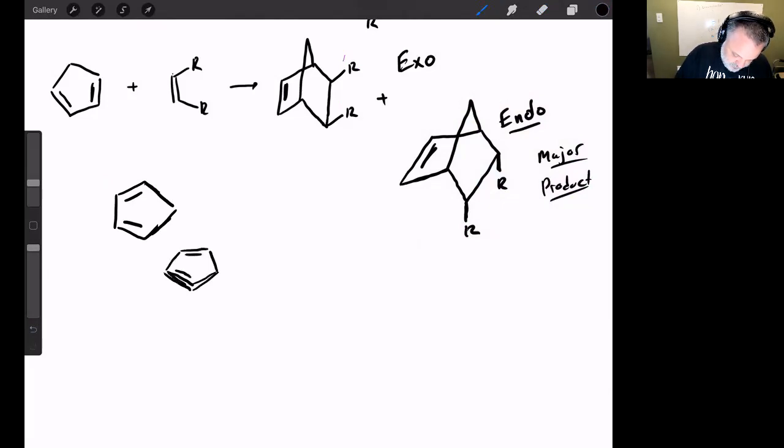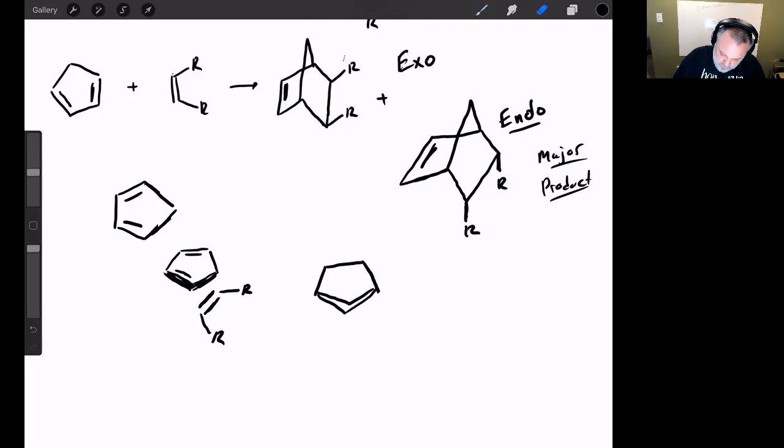This one is coming towards me, and I could take this dienophile, and these R groups could be pointing away. Or I could take the same dienophile, pointing towards me, shade it in here. Now I can have these R groups pointing back towards the ring.